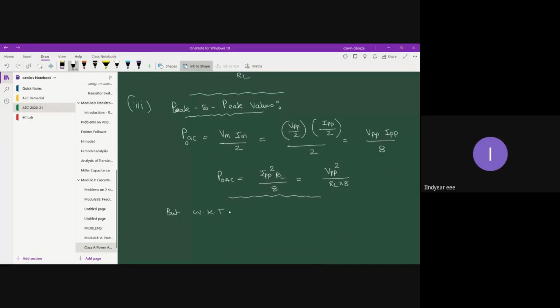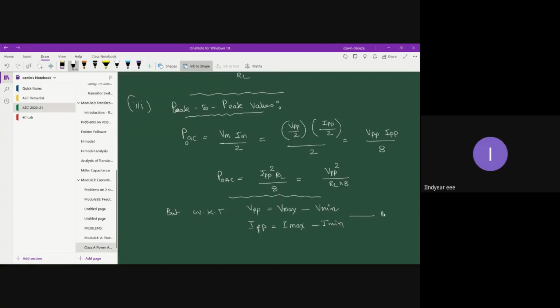But we know that V peak to peak is equal to V max minus V min, and I peak to peak is equal to I max minus I min.